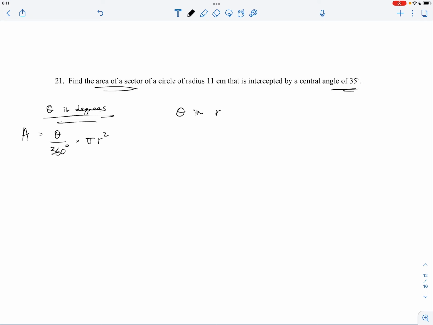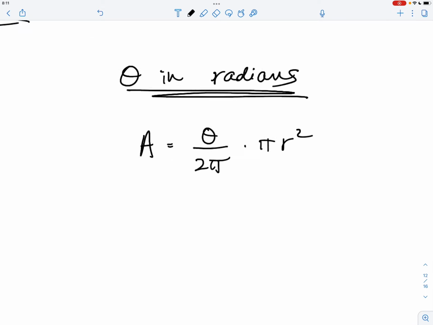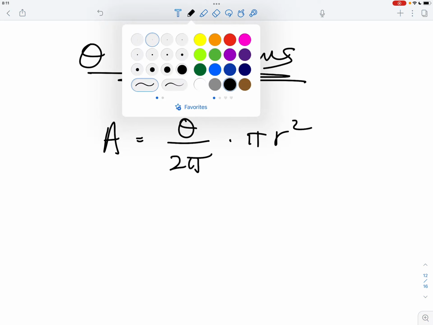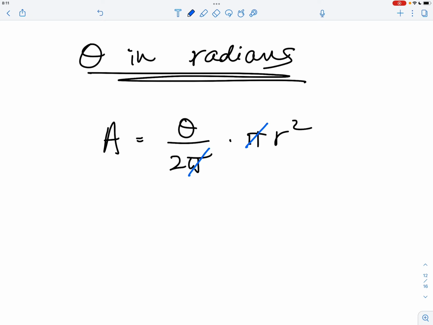You can choose to memorize the equation, or you can just derive it. You can say theta over 2 pi, since 360 degrees is 2 pi, times pi r squared. If you simplify it, you can cross out the pi.